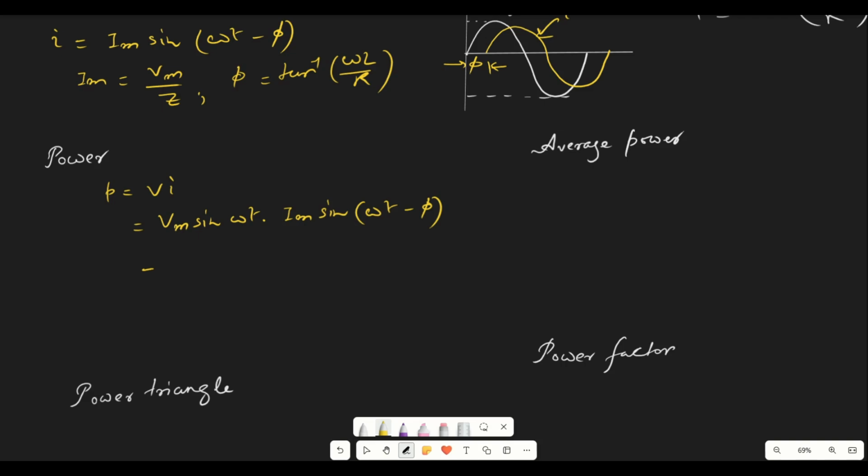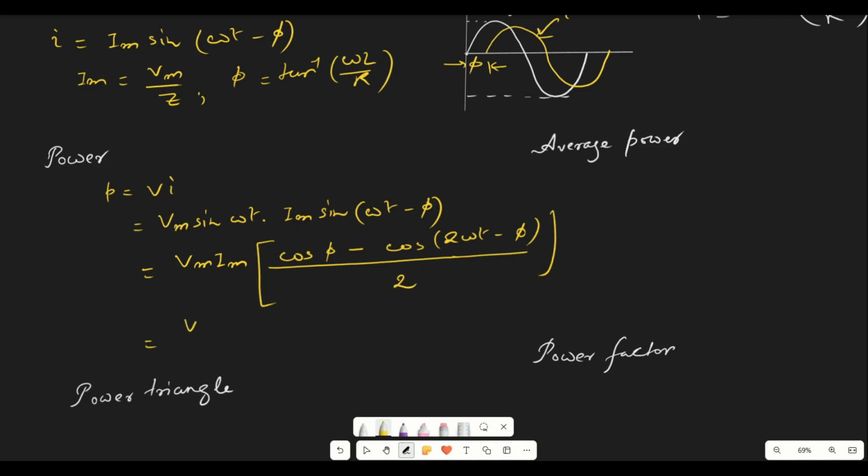This can be written as Vm Im, and here sin omega t and sin of omega t minus phi can be treated as sin A sin B, which can be written as the difference and sum of cosines: cos phi, and cos of (2 omega t minus phi), divided by 2.